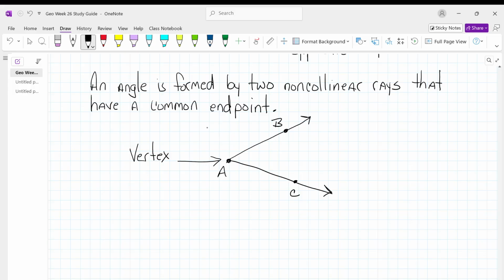Ray AB is one side of the angle. And then ray AC is the other side of the angle. Now, we can name this angle three ways.